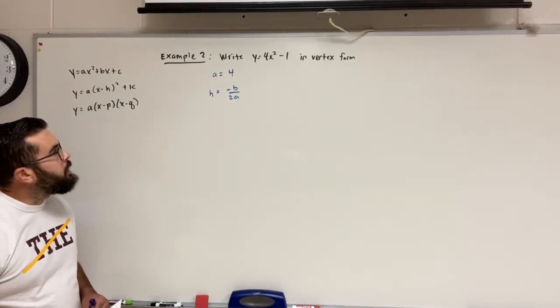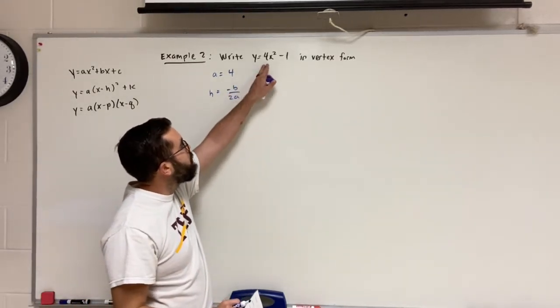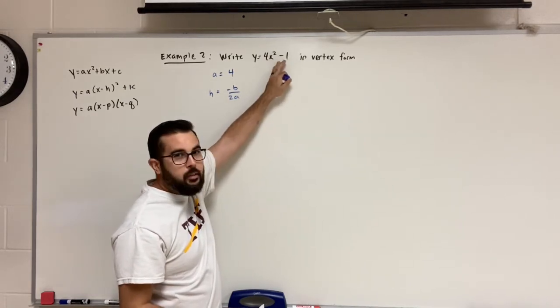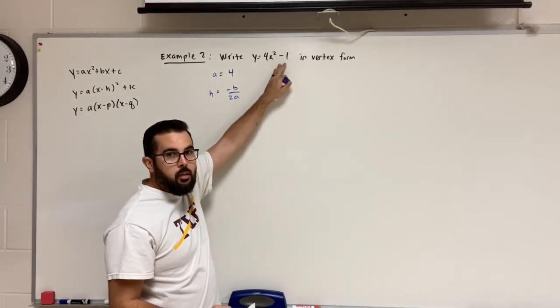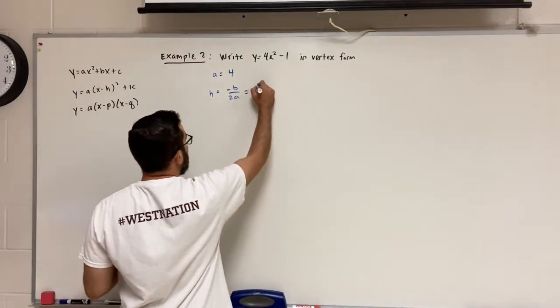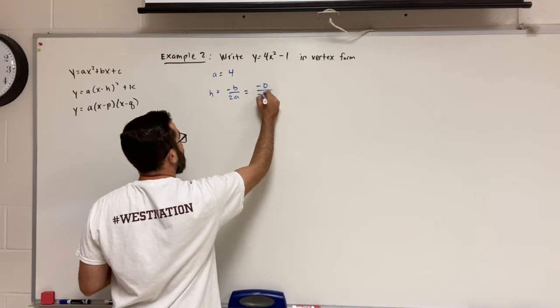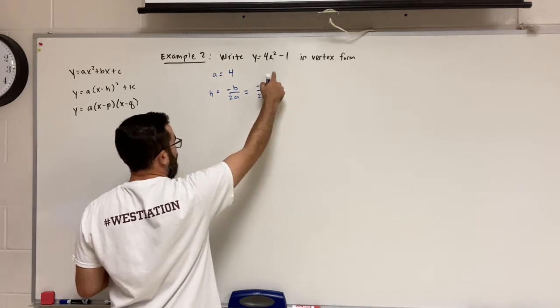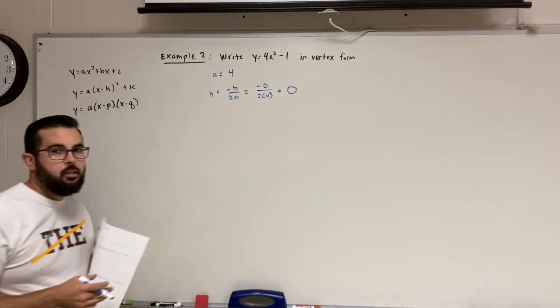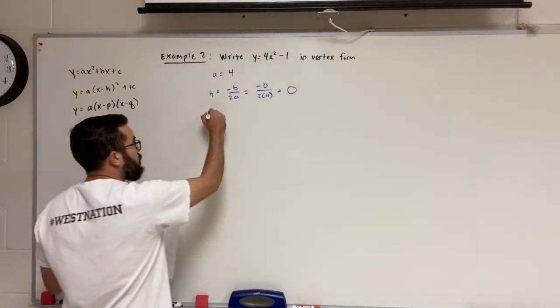Now, what is B? We have 4x squared, so that's ax squared plus bx. There's no bx term. So in that case, our b is 0. So we have minus 0 over 2 times 4. Well, 0 divided by anything is 0. So our h is 0.